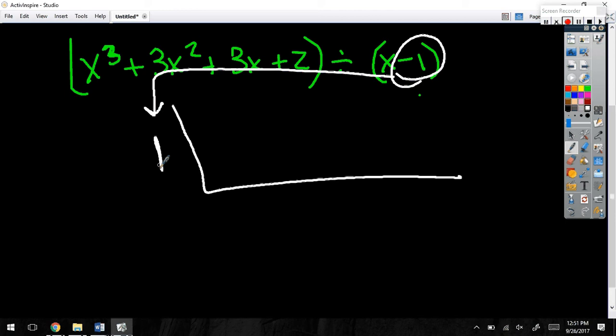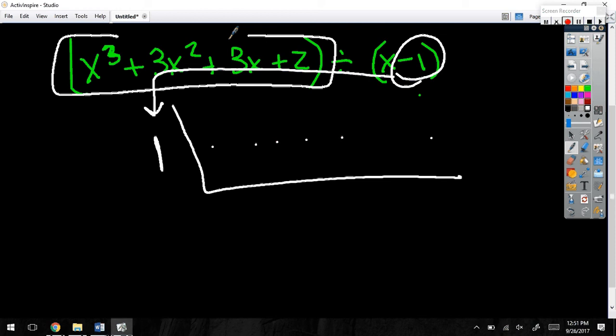If this was x plus 1, then it would be negative 1. All right. Leave room for 2 rows of numbers here. The first row is going to be the coefficients from this polynomial, including placeholders. Placeholders are crucial here, okay?